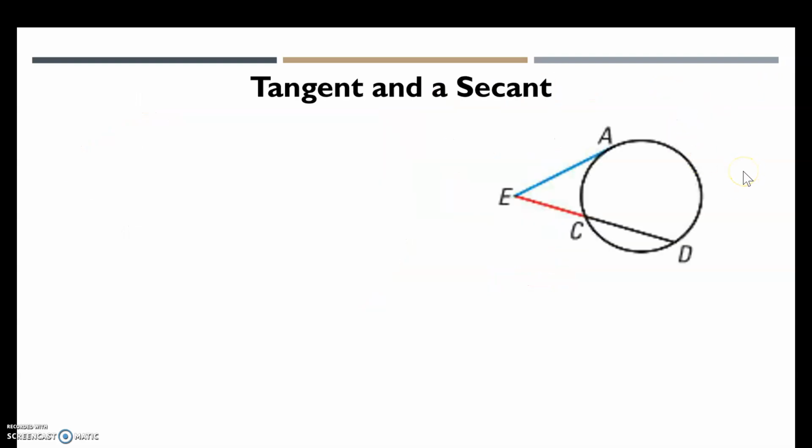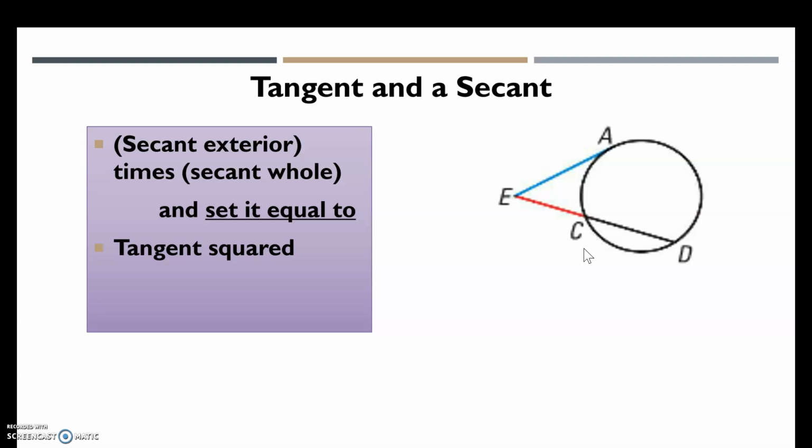And then when I have a tangent and a secant, remember your tangent just touches your circle 1 time and it usually goes on, but again, we can't take the length of something that doesn't stop, so we're just looking at this portion right here. That is my tangent, and then my secant is still this guy right here. With this, the secant follows the same rule, so I'm going to take my exterior times my whole.